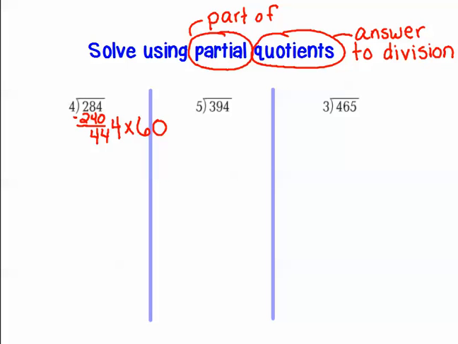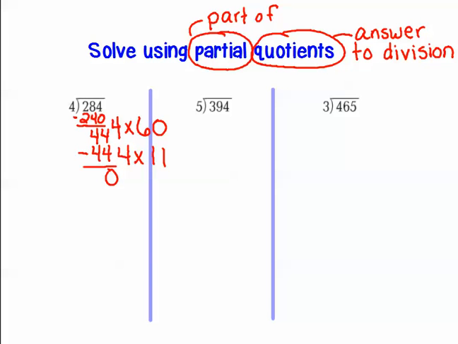So I need to do the same thing. 4 times what is going to give me 44? Now here's some choices. I know that 4 times 11 is 44. Subtract, I have 0. But I have some kids that struggled a little bit with that.